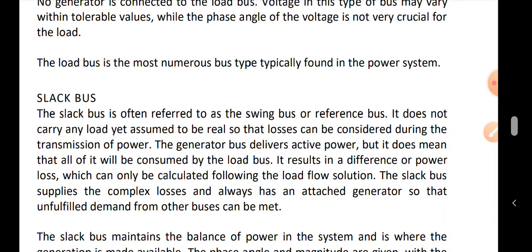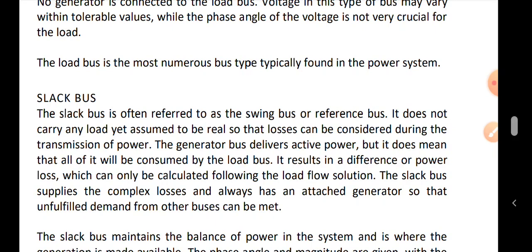This slack bus is also known as the swing bus. Why? Because at this bus the reactive power is varying in nature depending upon the losses in the system.